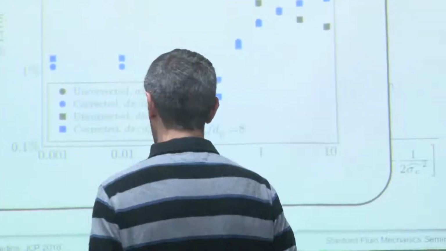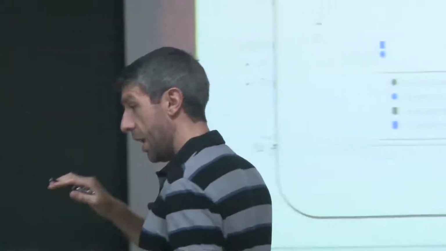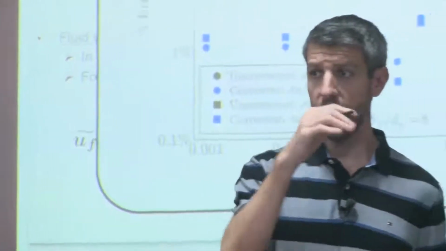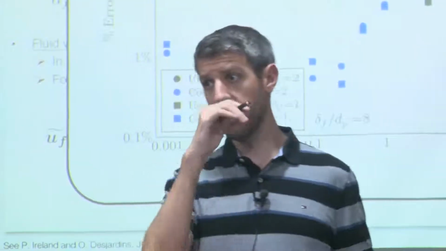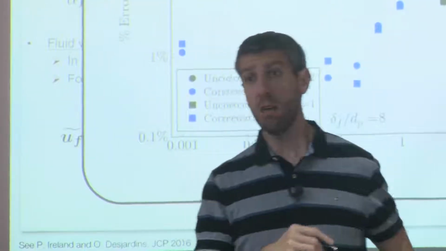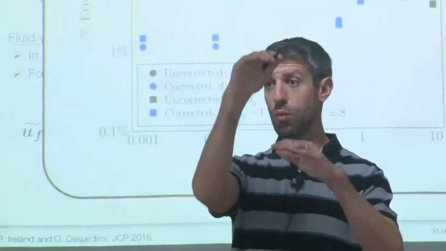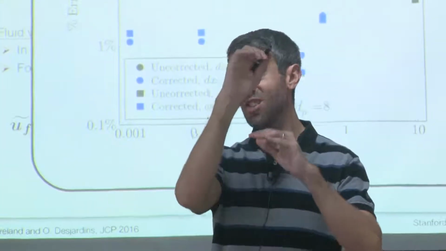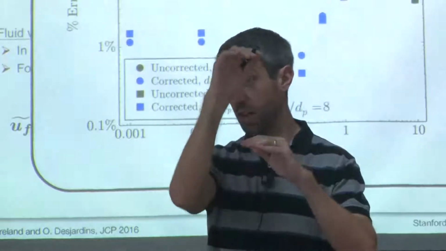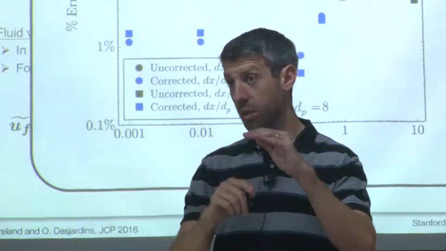Nothing in everything I've said has mentioned anything about the ratio of the Kolmogorov length scale to the particle scale. We've only spoken about the assumptions and requirements that we're placing on our tools regarding filter size, cell size, and particle diameter. Now, you could have a situation where your entire range of scales in the turbulent flow, including the Kolmogorov scale, is larger than the particle diameter.